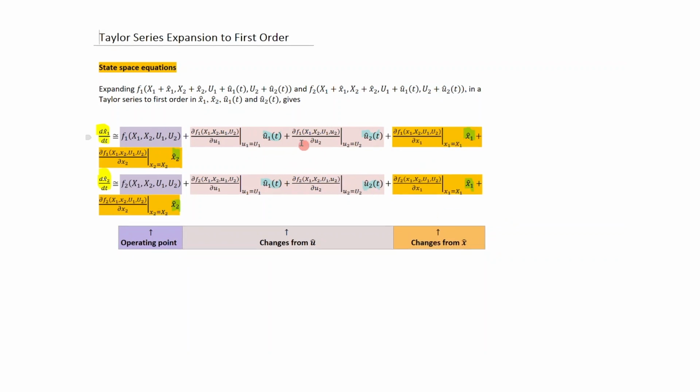And you'll notice that once you take a partial derivative, you hold everything constant except the variable you're taking the derivative with respect to. But once you've taken the derivative, then u2 is replaced by its steady state value or equilibrium value, which is U2. And this is done for all of the partial derivatives that have to be computed here.